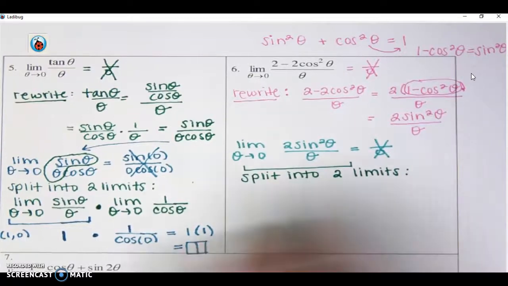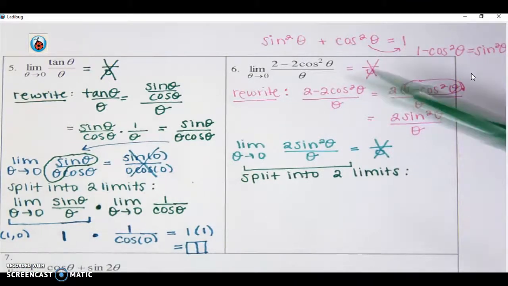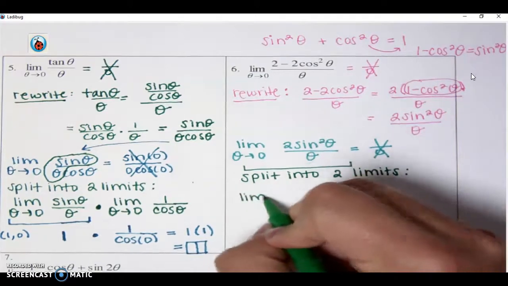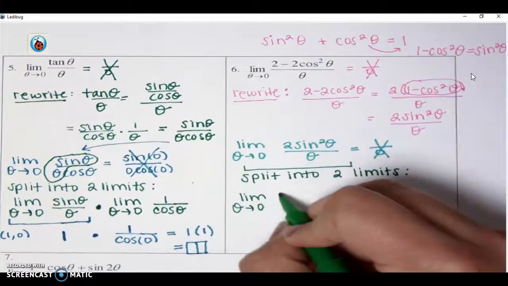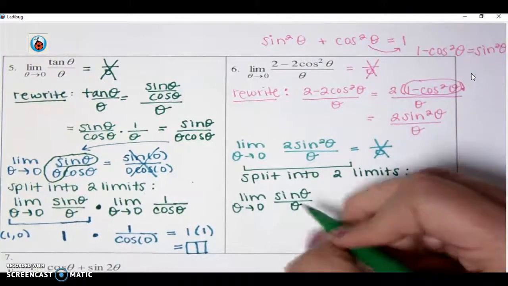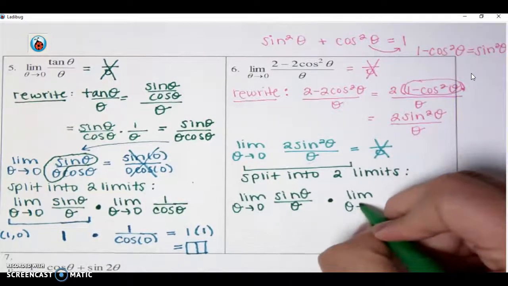Okay, so remember the one that you had to memorize, and over here on number 5, when you have sine theta over theta, that always gives you 1. Well, if we can take out a sine here over theta, that'll get rid of that theta, and then we won't have to worry about that 0 in the denominator. So I'm going to make limit as theta approaches 0, and I'm going to do 1 with sine theta over theta, because I know that works and turns into 1, times the limit as theta approaches 0.